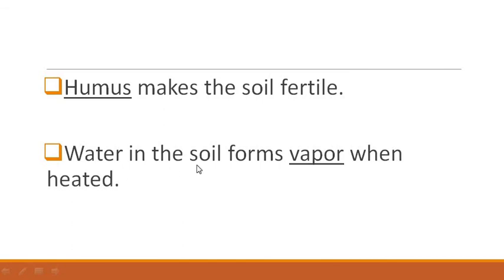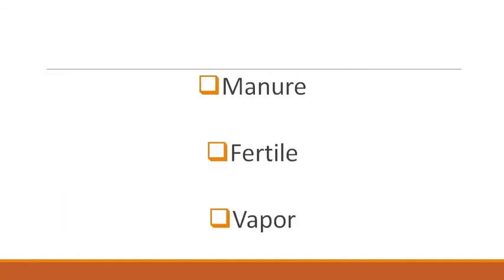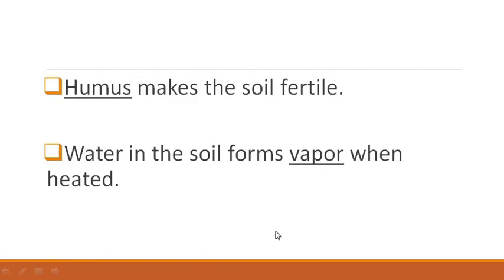Water in the soil forms dash when heated. Like I said, when we were discussing the hard words, I told you what happens when the water is heated. It converts into vapor. Yes, the smoke.